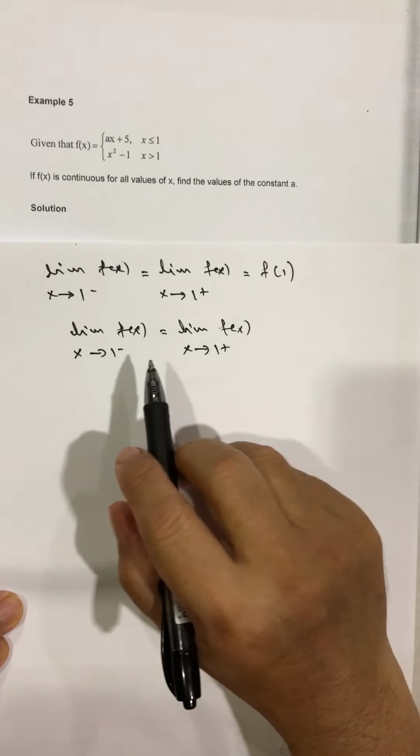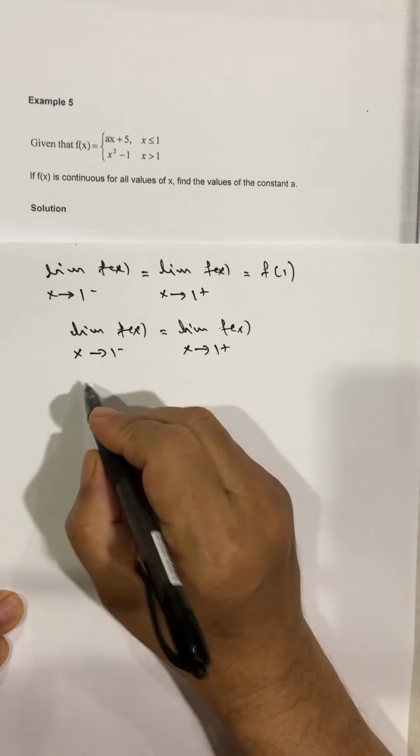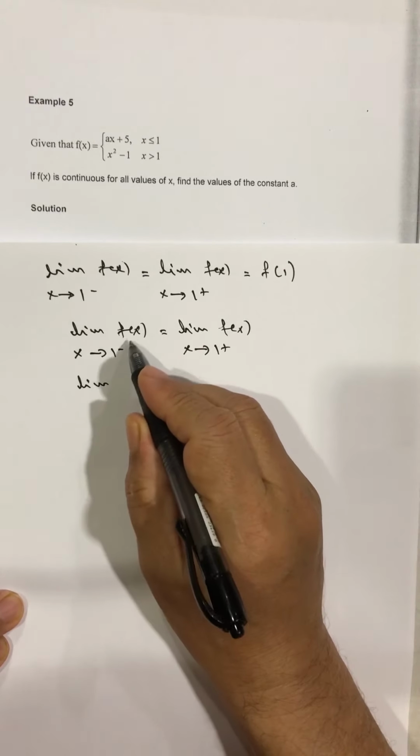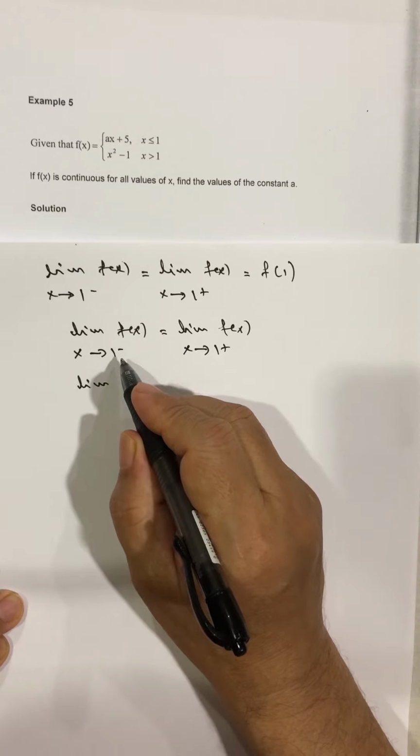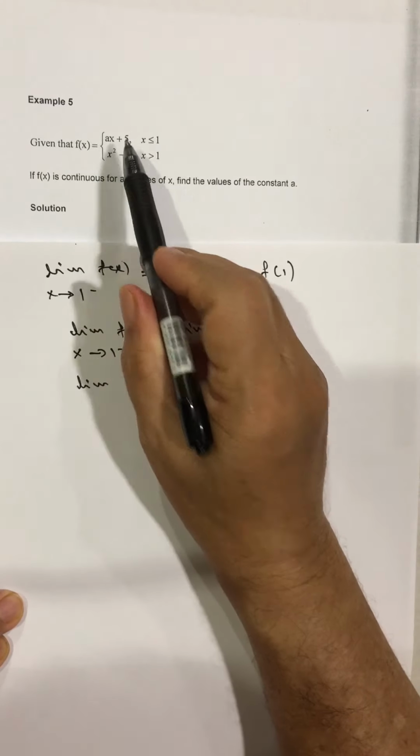For the limit from the left, we must use the function ax plus 5.